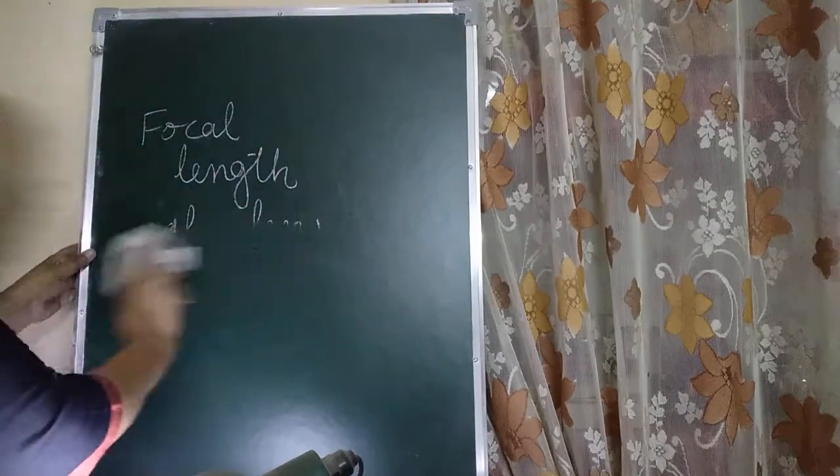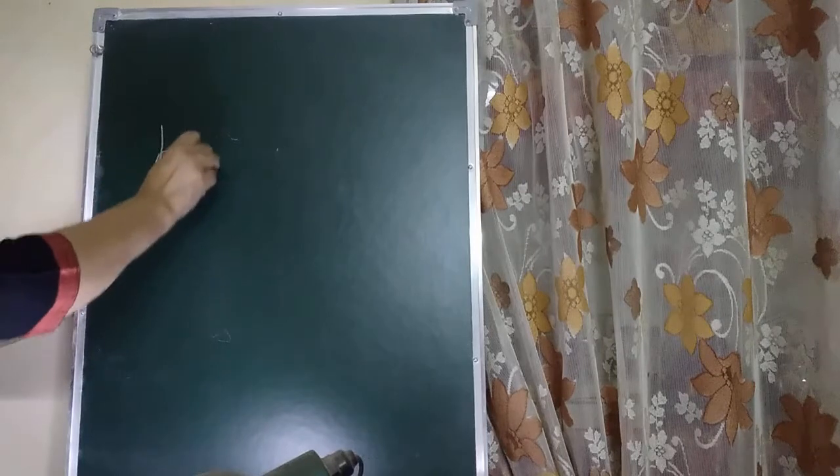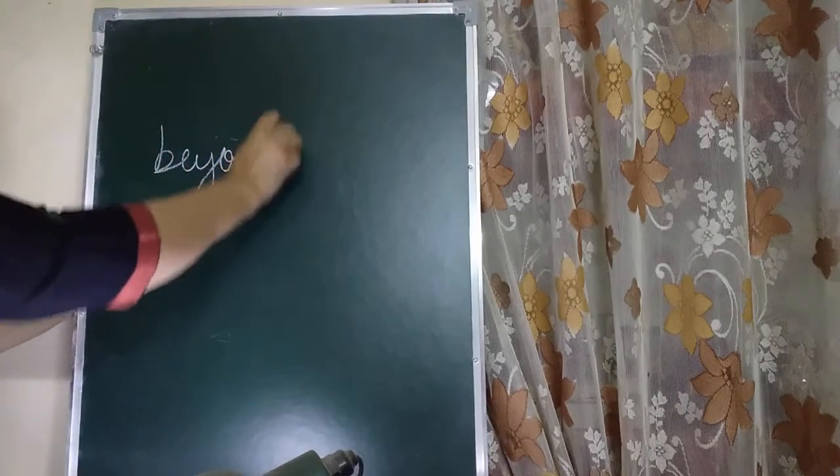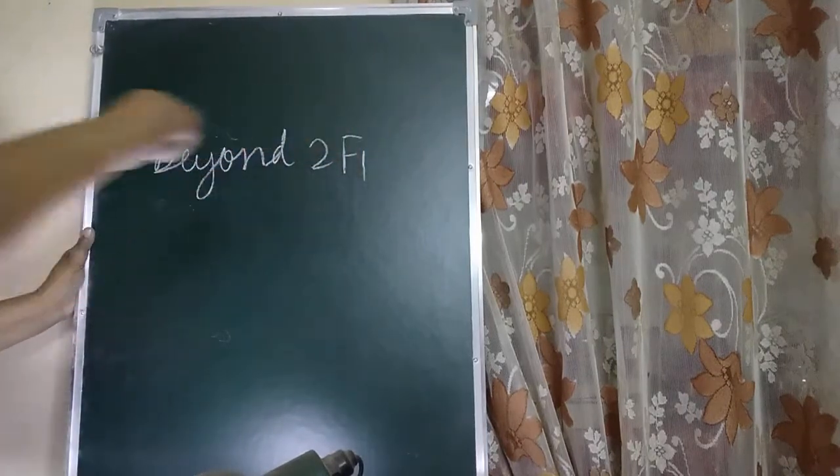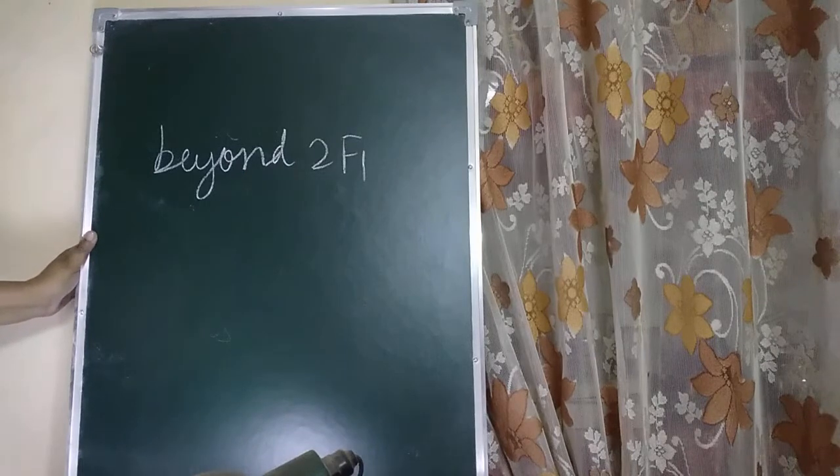Now the next question is, describe the image formed by a convex lens when the object is beyond 2f. When the object is beyond 2f, children, what type of image will be formed?